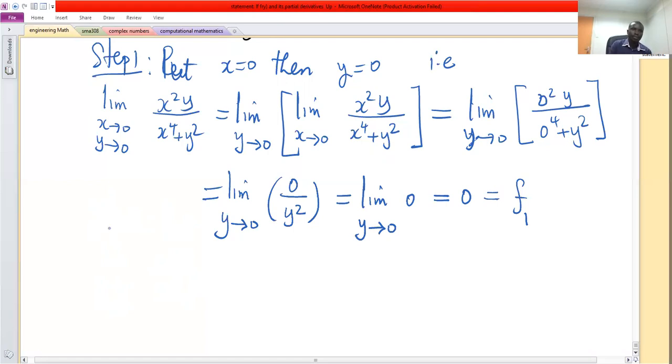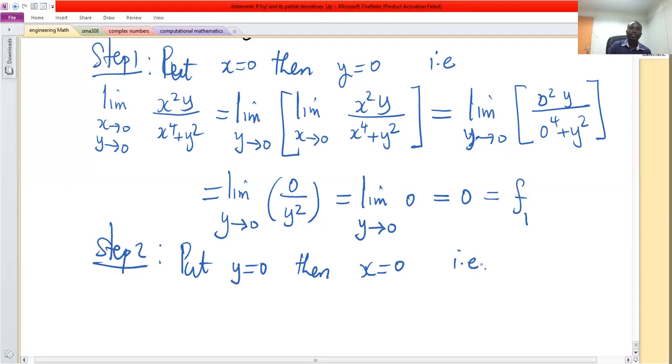Step 2, now you reverse what you did in step 1. You start by putting y equals 0, then x equals 0.